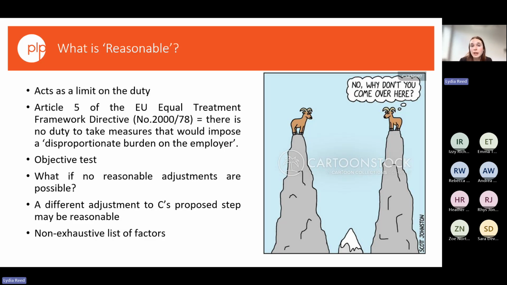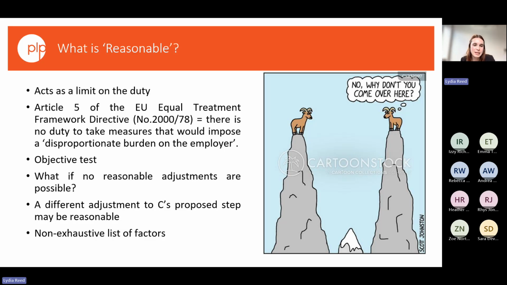When looking about what does really reasonable mean, the answer seems to be found in Article 5 of the EU Equal Treatment Framework Directive. That reminds us there on the slide that there is no duty to take measures that would impose a disproportionate burden on the employer.